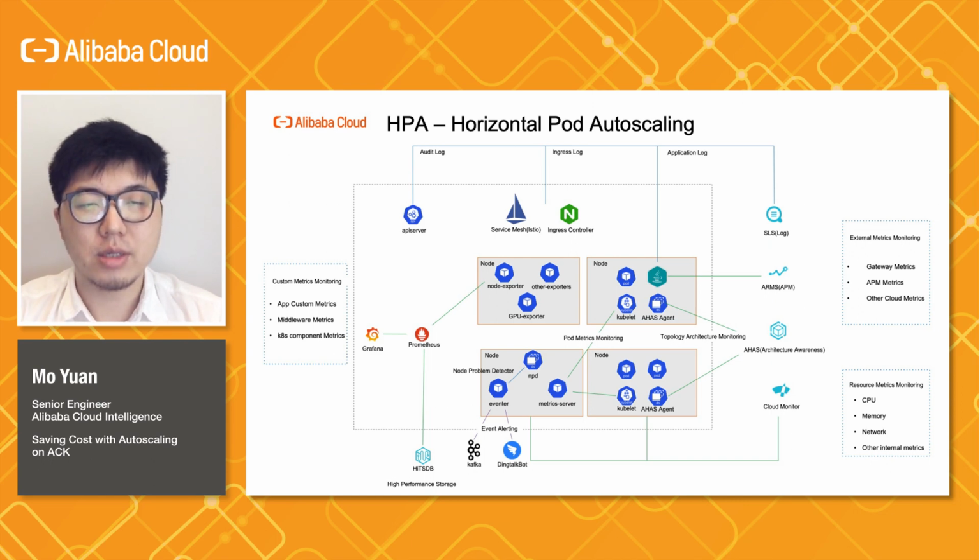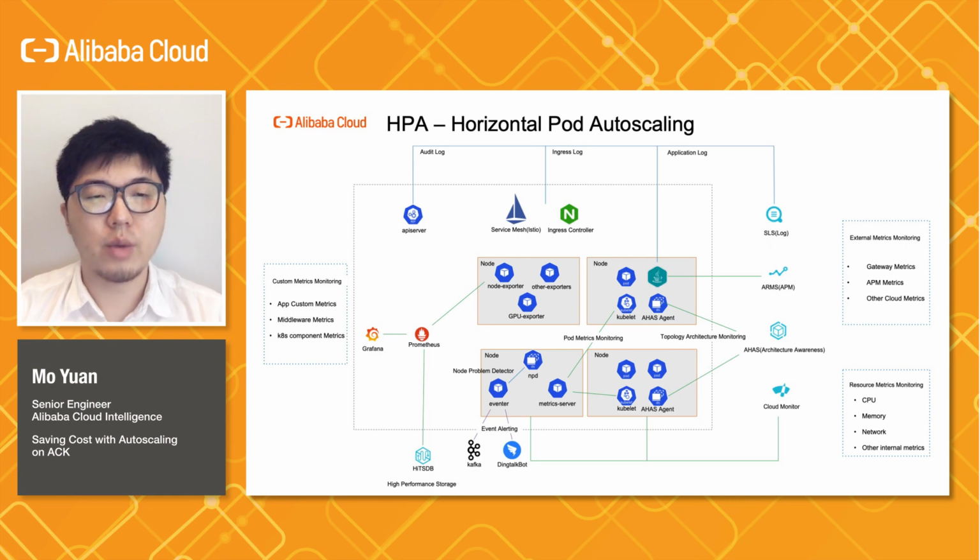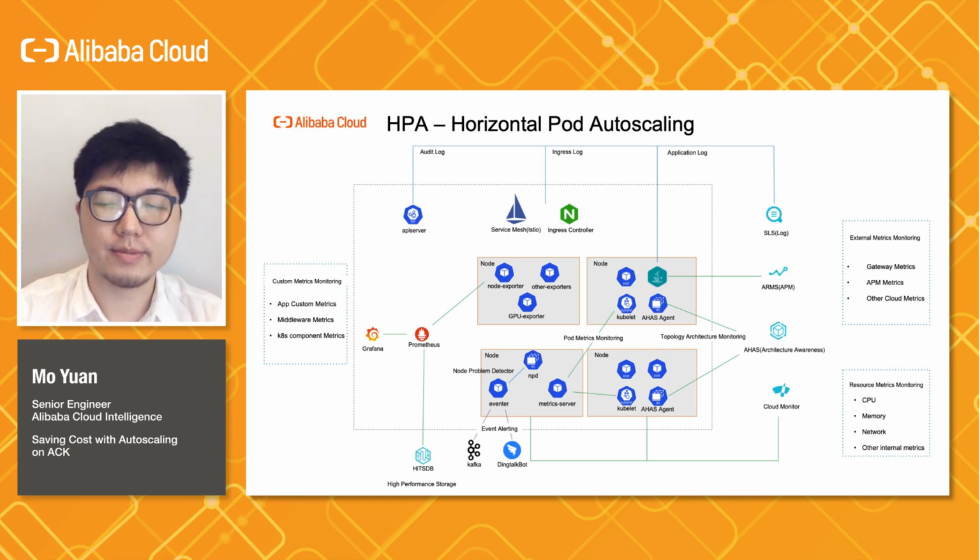In custom metrics, we not only provide the standard metrics interface, but also typical solution about how to use custom metrics with our application. In external metrics, we convert all kinds of metrics we collected, such as log, APM, microservice, and others, as autoscaling factor. A comprehensive monitoring architecture makes HPA shiny.